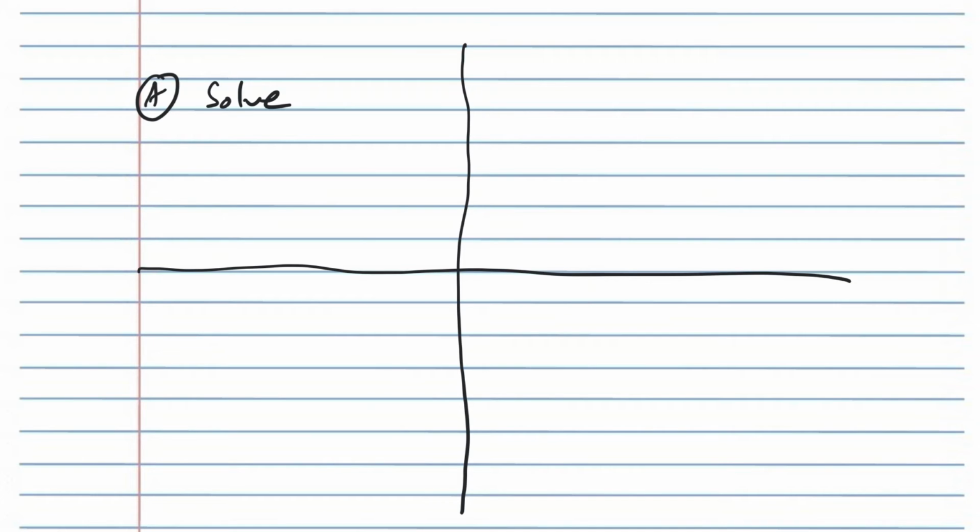That's pretty easy. B, you should be able to graph it. That's what all of last unit was about. And then C, you should be able to either develop a word problem or at least understand a word problem. And then the last thing, part D, is you should be able to create your own.